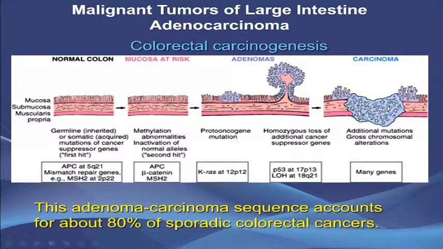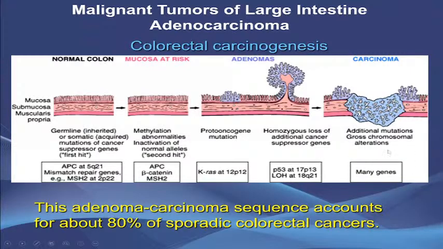And these are some of the molecular events occurring: mismatch repair genes, and we've already mentioned the APC gene at this point, beta-catenin, KRAS at this point, and various additional suppressor genes such as P53 and so on.